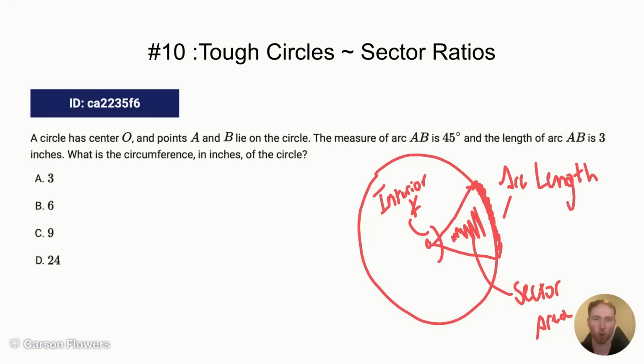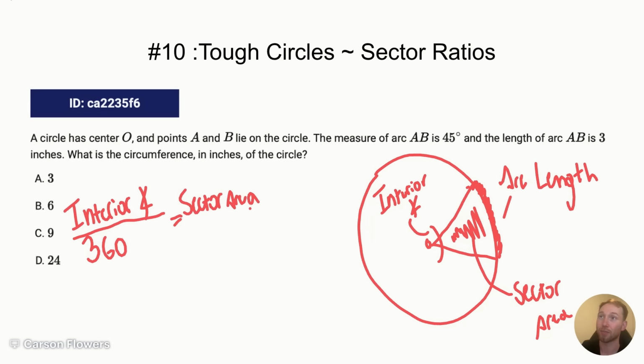Here's how to solve them. I'm going to show you a formula, so memorize it and write it down. Super important and super easy for some hard points. If I have an interior angle and I divide it by all the angles of a circle, it's equal to my sector area divided by the entire area of a circle. And that's also equal to my arc length, my pizza crust, divided by the entire pizza crust of the circle, which is the circumference.